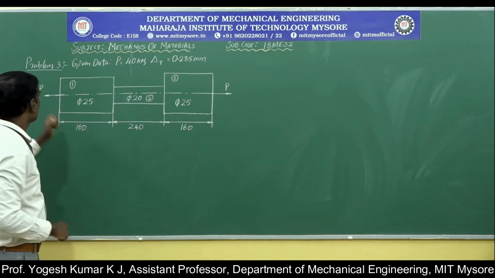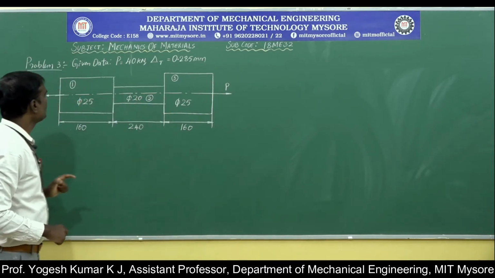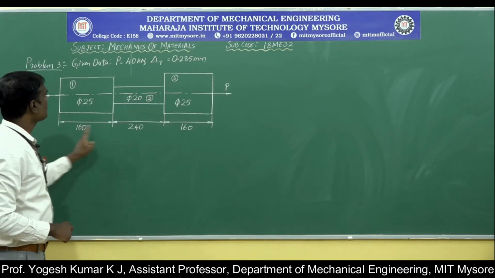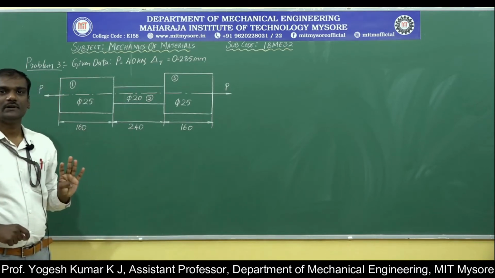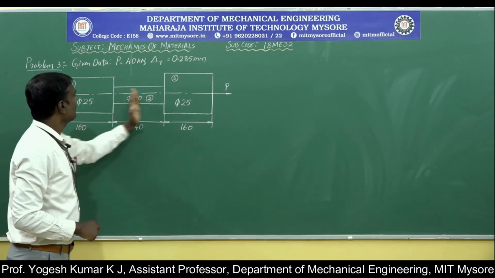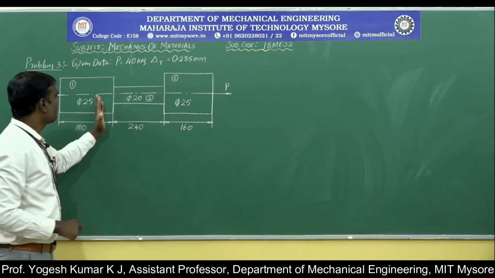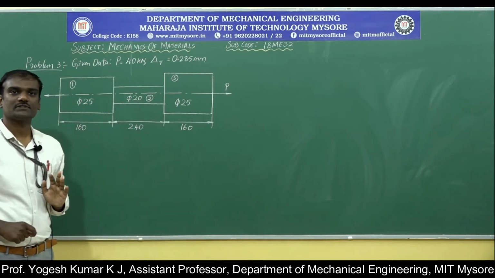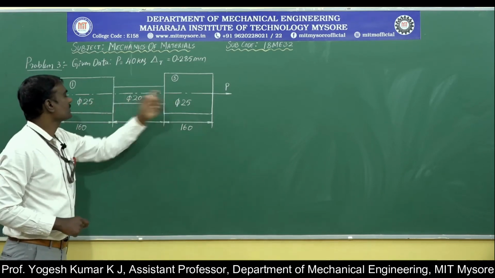mm. When we see the diagram, it clearly shows it is not of uniform cross section. It is a member with different cross sections, or stepped cross sections. We have 3 sections here.